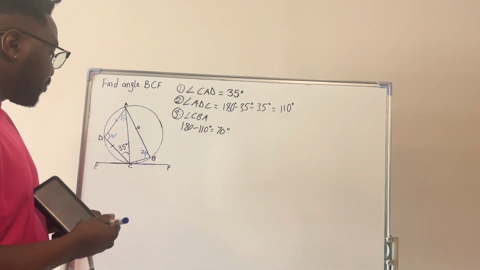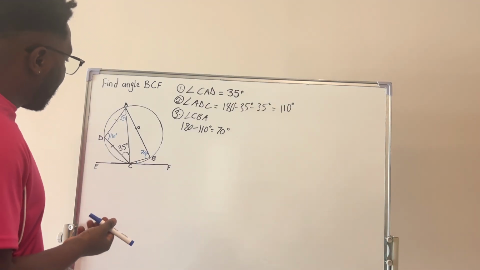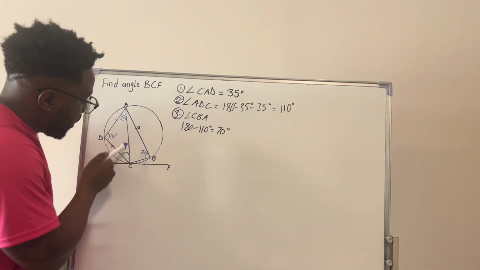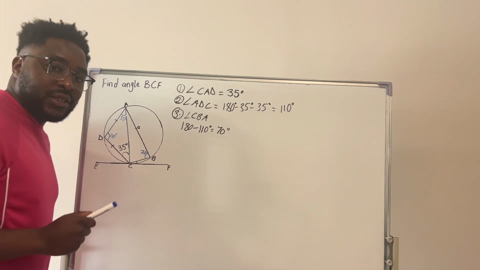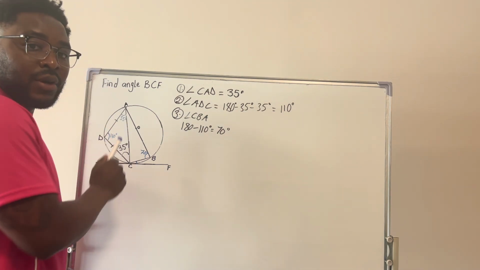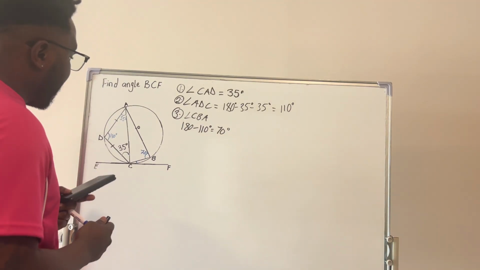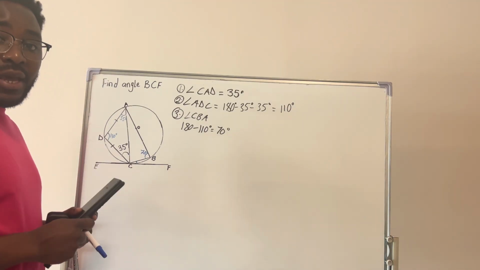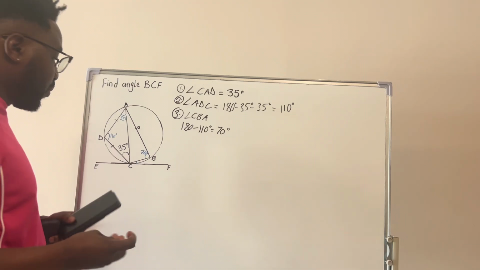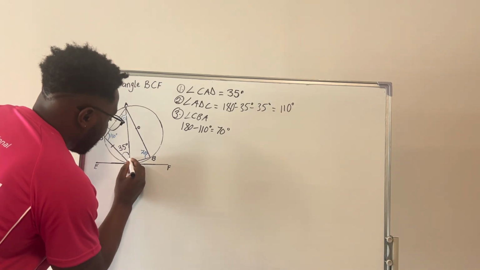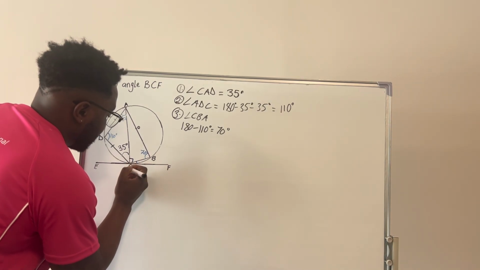Now if we look at triangle ACB, it's formed from what? From a diameter. So that means angle ACB is a 90 degree angle.